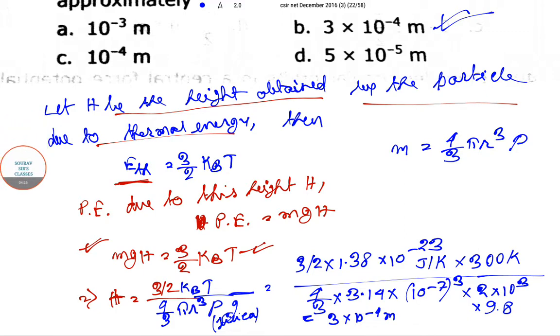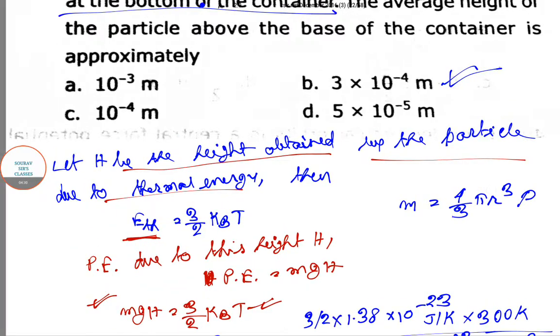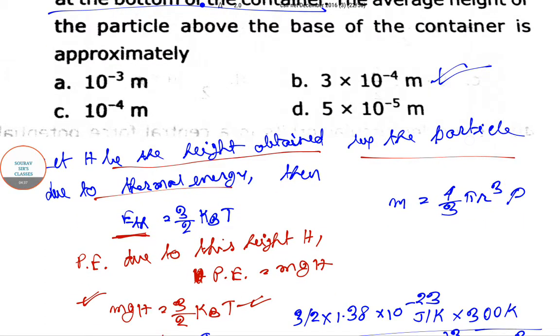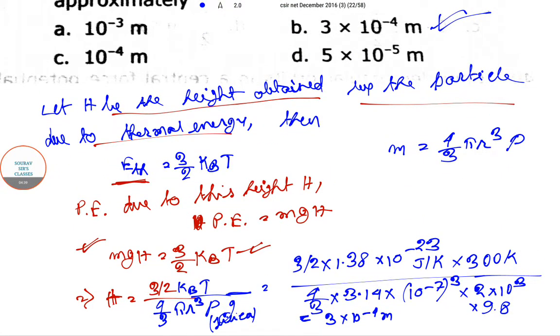Here the answer option B is the correct answer for this question. Here the average height of the particle above the base of the container, h, is 3 into 10 to the power minus 4 meter.